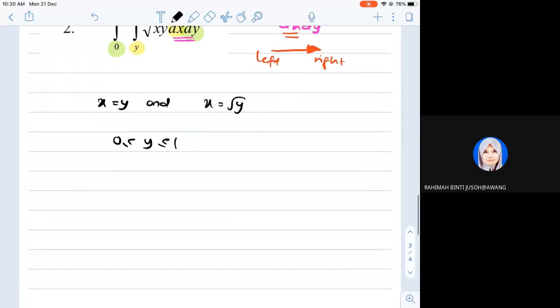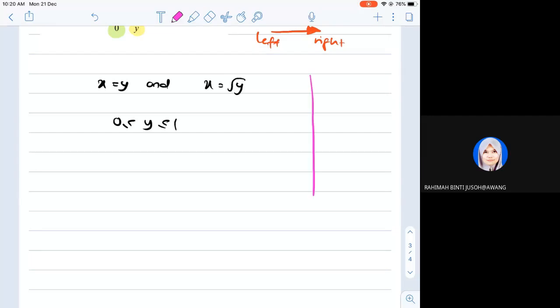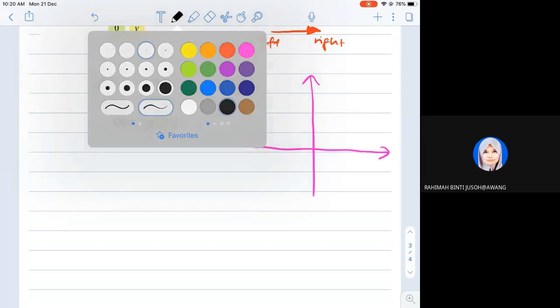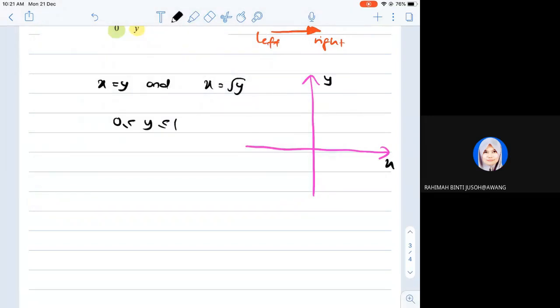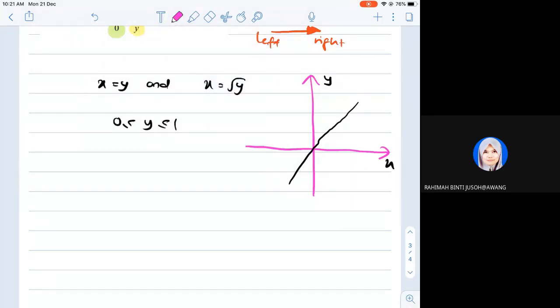So let us sketch the graph. We have x and y. For x equals y, we will have just a straight line like this. Then we have x equals square root of y. If we square both sides, we have x squared equals y, but since x equals square root of y, x must be greater than or equal to 0.